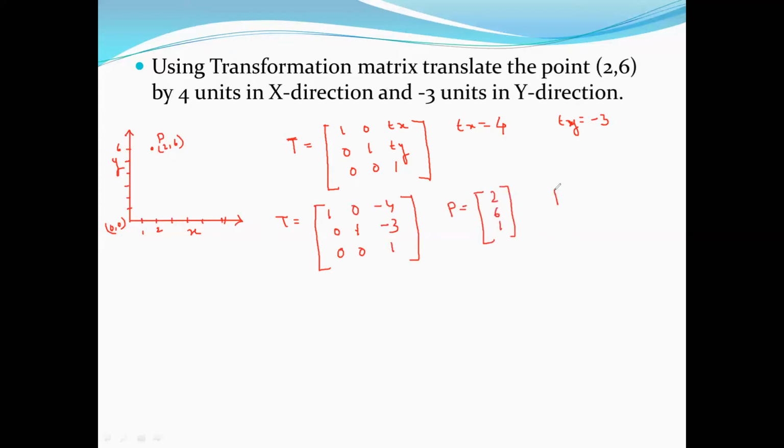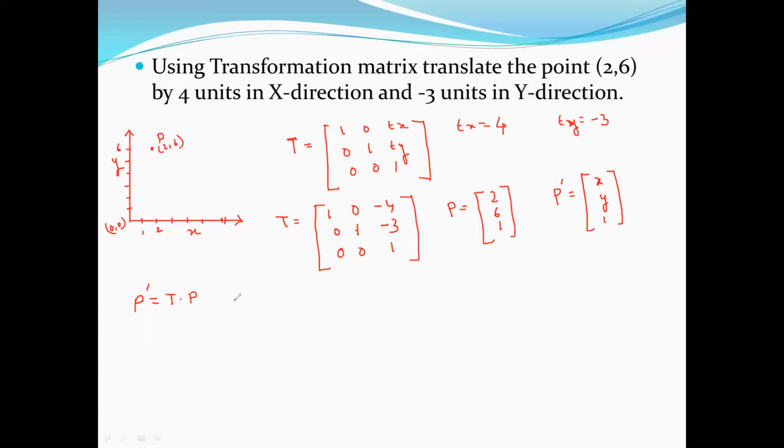And we assume that the translated point matrix P dashed will be x, y, and 1. So this x, y, 1 is the translated point. We don't know it. And as per our discussion, you know that we can get P dashed by using the equation T dot P. That means by multiplying the translation matrix with the point matrix.